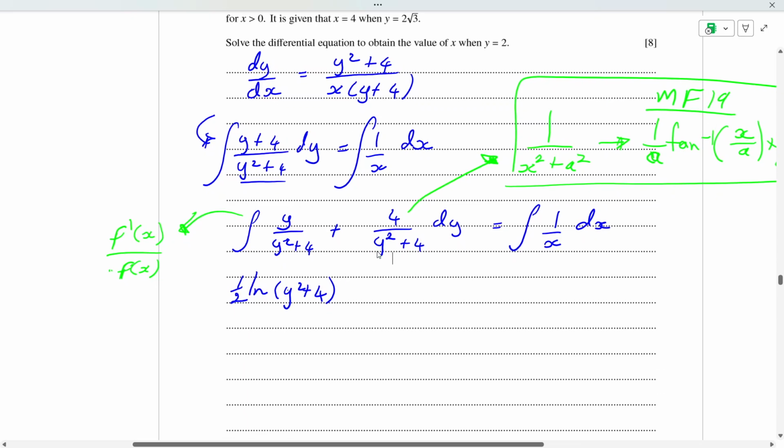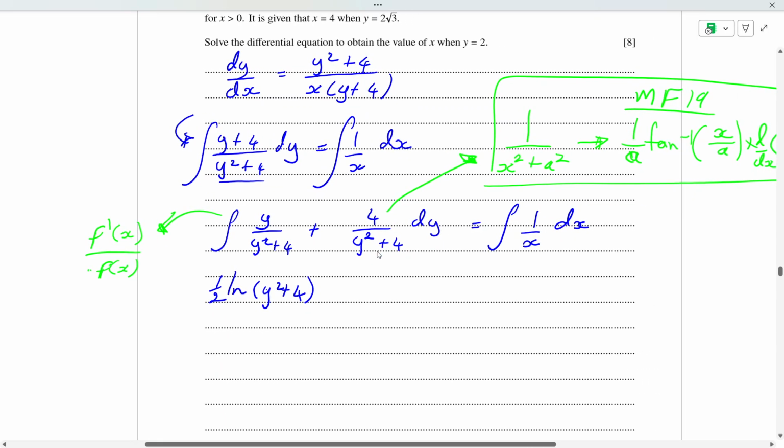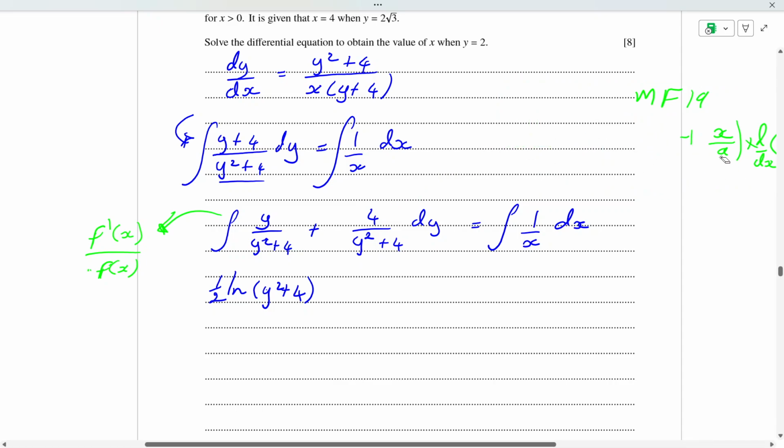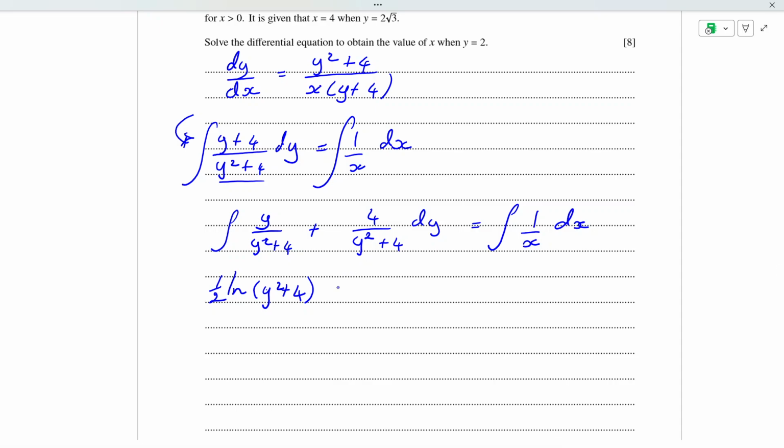Now ignore the parts that are in green, they don't really matter, just an illustration. What you want to concentrate on is the parts that are in blue. To do that integration, I'll take the 4 outside, so plus 4, then bracket 1 over y squared.